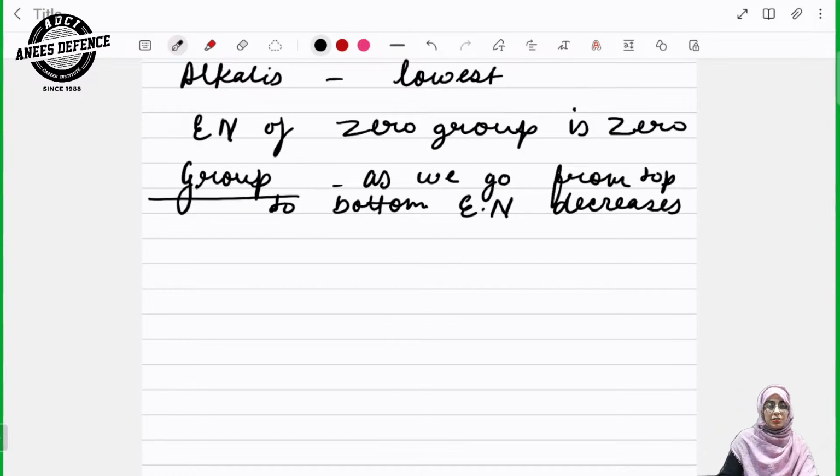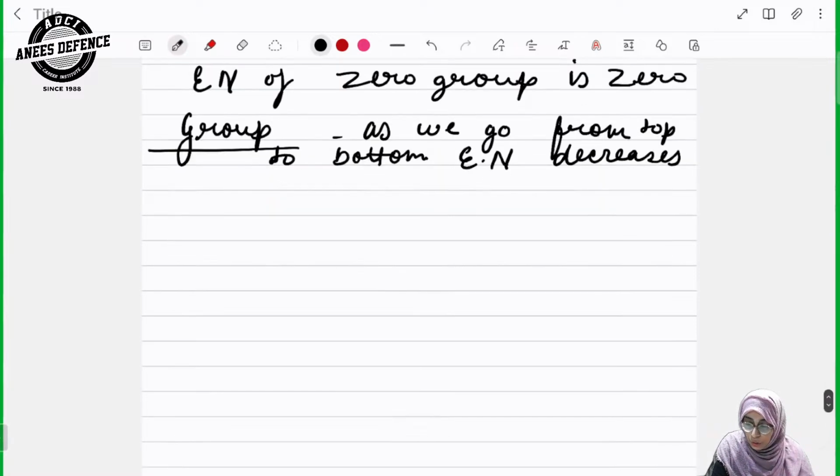Now, we have discussed all the periodic trends. What we have discussed: atomic radius, ionization enthalpies, electronegativity, electron gain enthalpy. And one more thing: metallic character and non-metallic character.